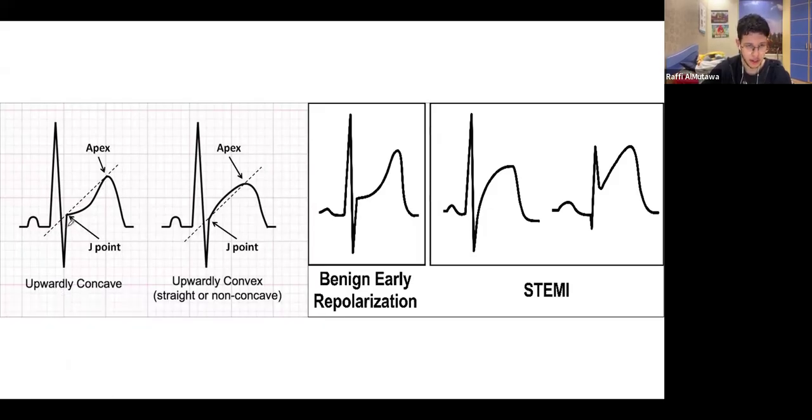You compare the J point to the PR segment, and if it's over 1 millimeter tall, it's an ST elevation. The J point is elevated, therefore the ST is elevated. As a result, this could be an MI or not an MI, depending on what we're looking at. So yeah, it could be pericarditis.